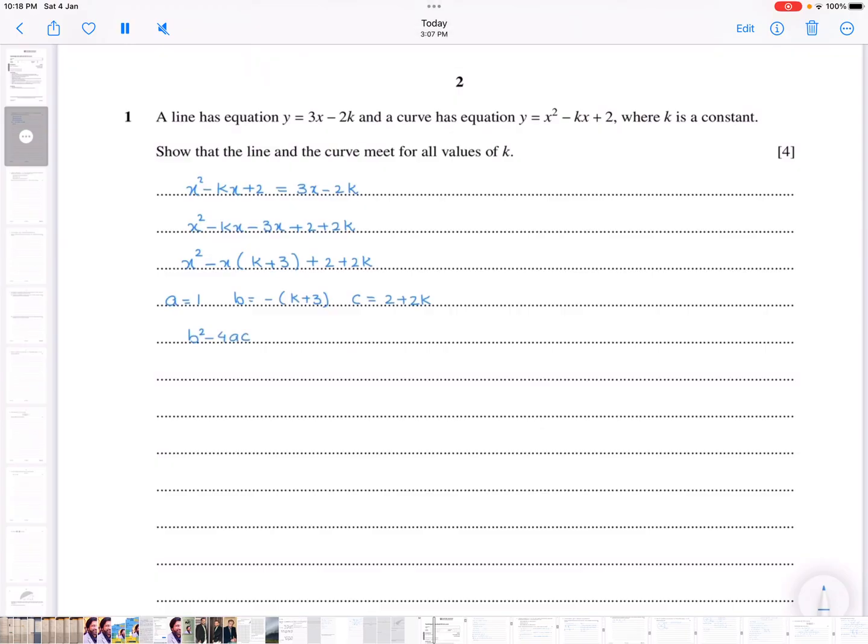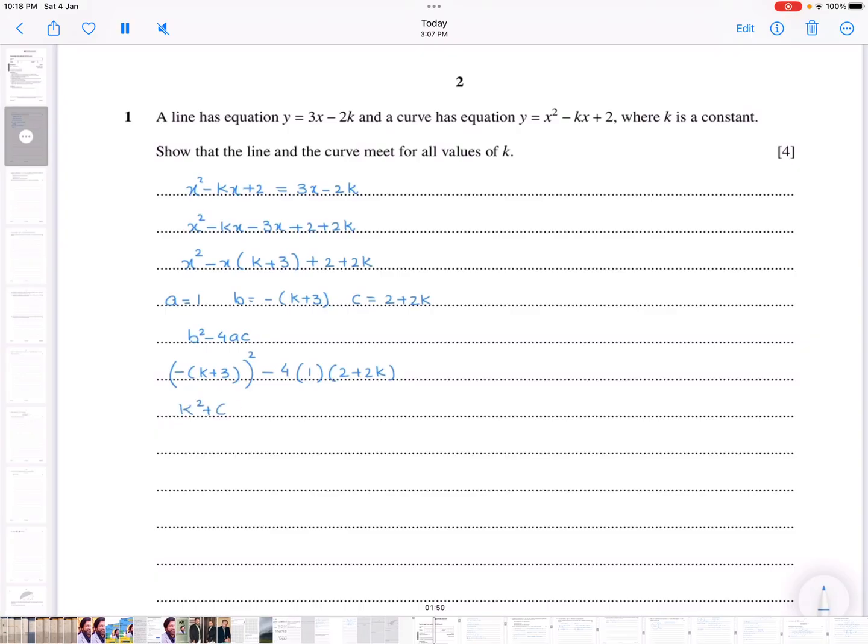So my b is minus bracket k plus 3, whole squared, minus 4 times 1 times c, which is 2 plus 2k. Now simplify this. The square of minus is plus, and use the identity a plus b whole squared for k plus 3 whole squared.